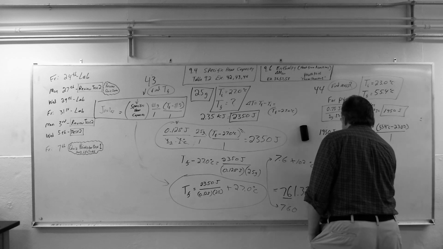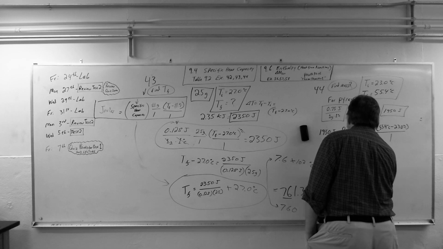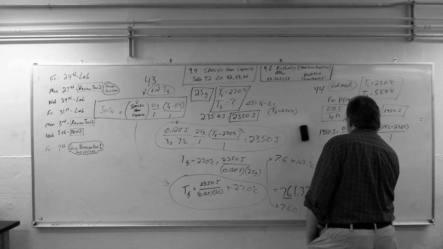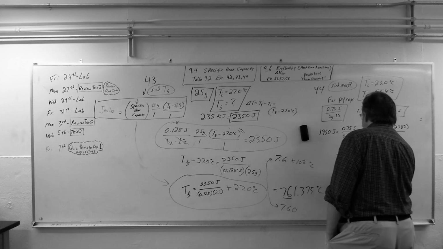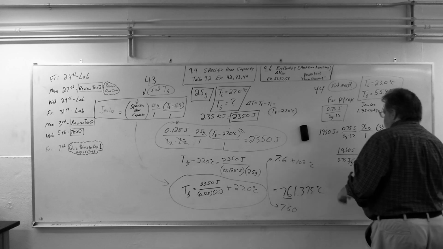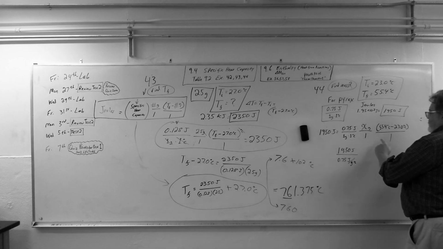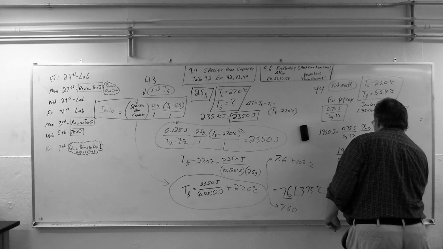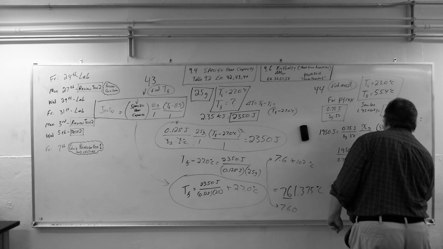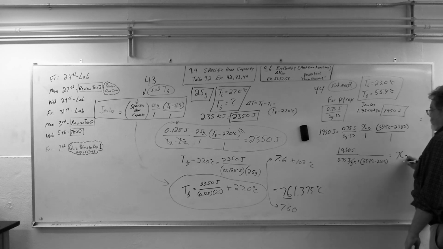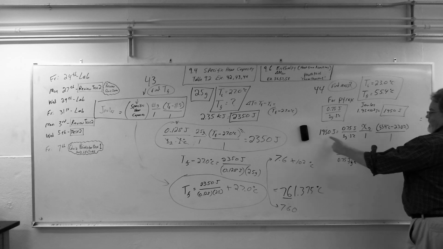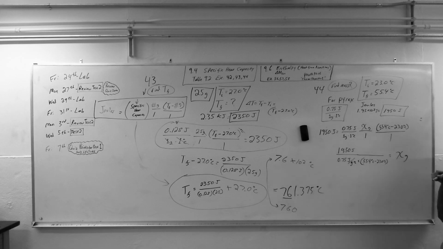The simple way is 1950 joules divided by 0.75, and then divided by this, that'll give me X grams.